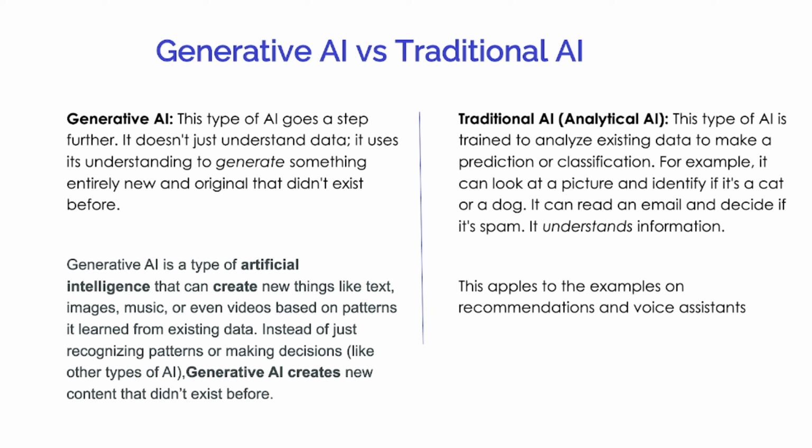It understands information, but it cannot reproduce or recreate something. This applies to the Netflix recommendation I talked about, the Amazon shopping cart recommendation, and the Facebook and Twitter feeds. Those are the traditional AI.